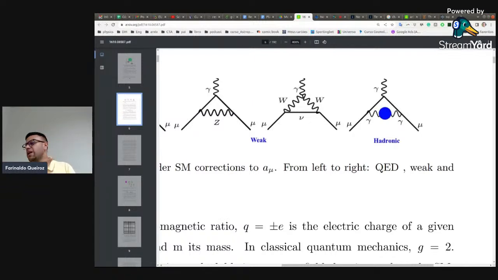If you use any of these 4 results plus the weak and QED results, the experimental minus the standard model prediction gives rise to a 2 sigma difference. If you use the data-driven result, this experimental minus theory is close to 5 sigma.